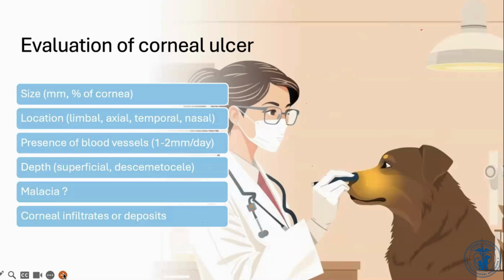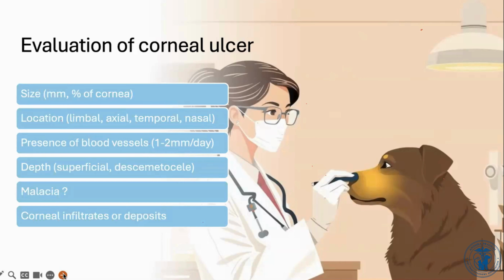Next comes presence of blood vessels. Blood vessels are very important for corneal healing, because the cornea as such is an avascular structure. Blood vessels from the adjacent conjunctiva or nearby region have to come there to provide the nutrition and all the healing factors for the ulcer to heal fast.